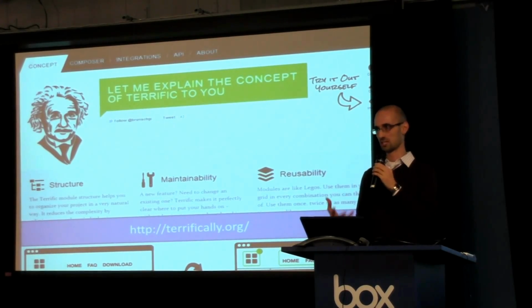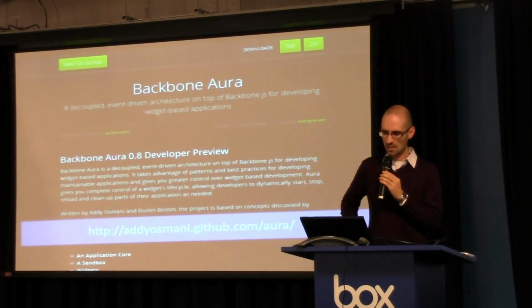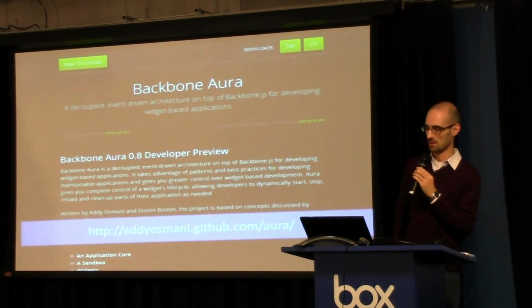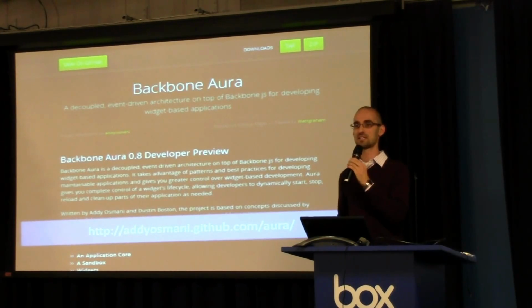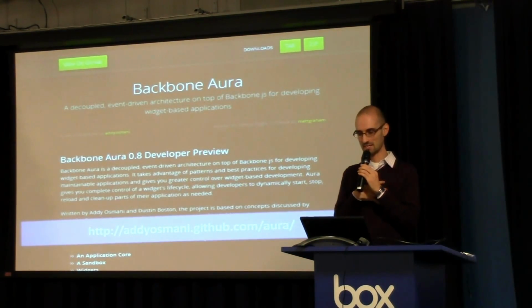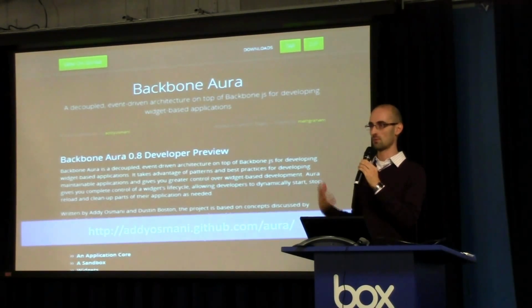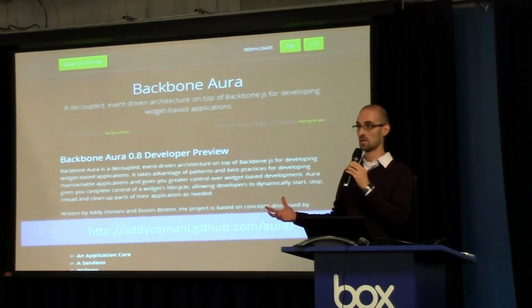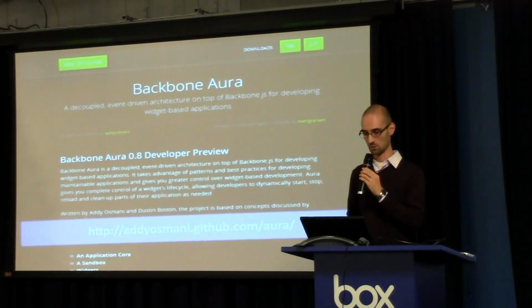So it's kind of like the kitchen sink of everything combined, which is a little interesting. The latest one by Addy Osmani is called Backbone Aura. And like I said at the beginning, I'm really just talking about the controller part. And so what Addy did was say, okay, if we take the controller part and we combine it with the models and the views from Backbone, how can we create a larger infrastructure? And so that's Aura.